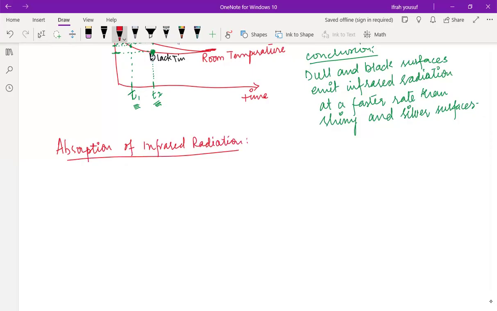Okay. Now, again, we are having one shiny surface. Okay. And there is a temperature sensor.